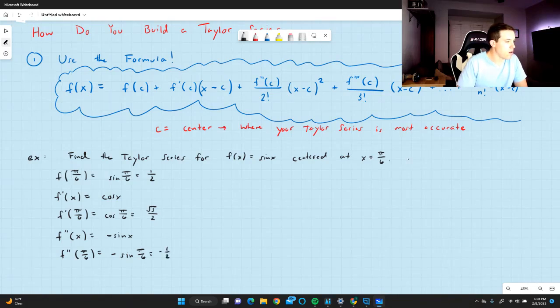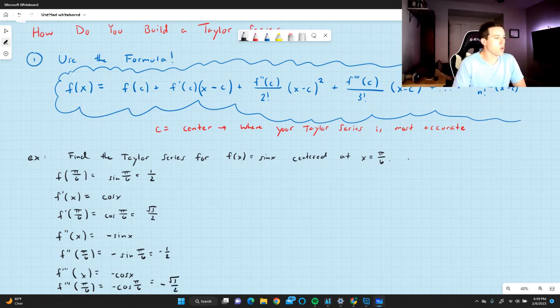And then let's find the third derivative, which is negative cosine x. Then we plug in pi over 6, and we get negative cosine of pi over 6, which is negative rad 3 over 2.